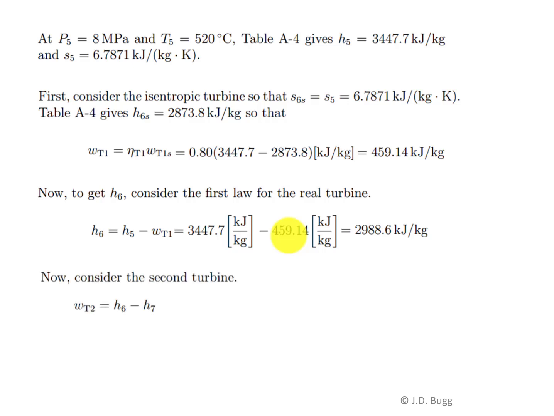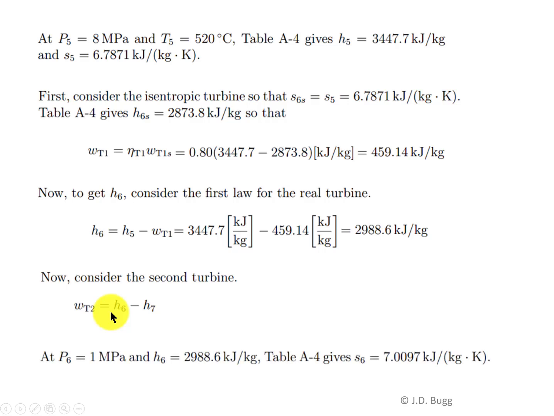Now we can go on to the second turbine. So again, first law for the second turbine is H6 minus H7 on the right-hand side. The H6 we have, and this is why we found H6 here, because we need it for the second turbine. Now we're going to have to do the same thing with the second turbine as we did with the first one. We're going to have to first of all treat it as an isentropic turbine. So in order to do that, I need to find the entropy at point 6.